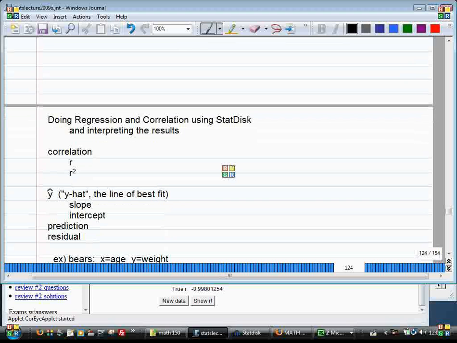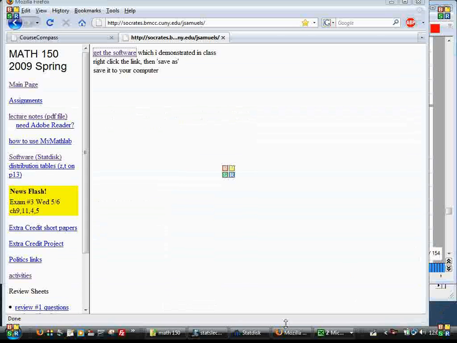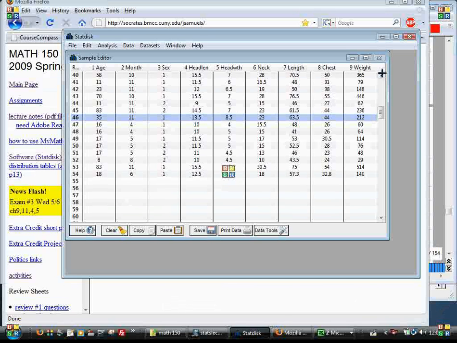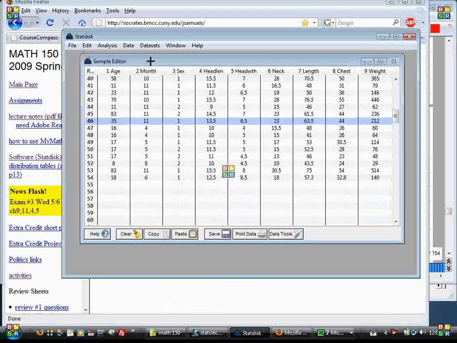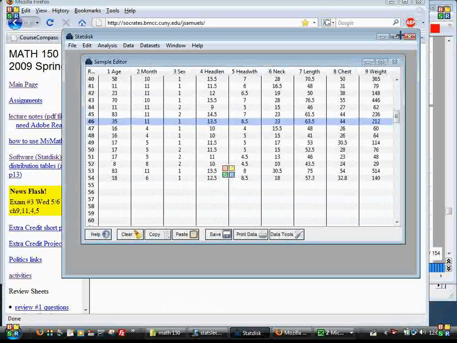Okay. So let's all work on this example. Everybody should pull up StatDisk on their computer. Okay, so now we've got StatDisk. What we're going to do is open this data set, but let me show you how to open it.